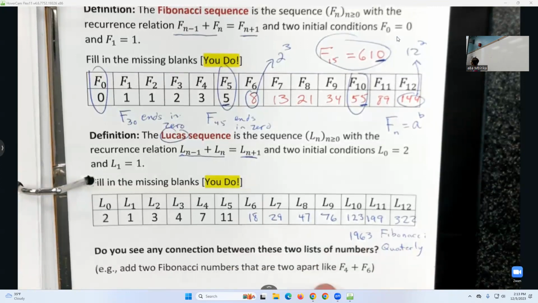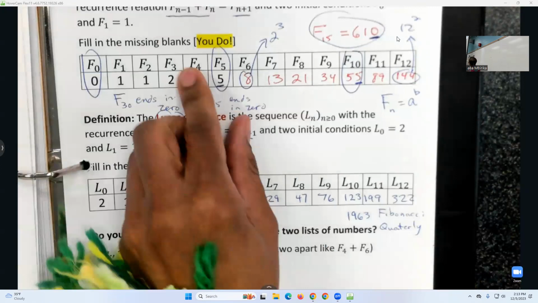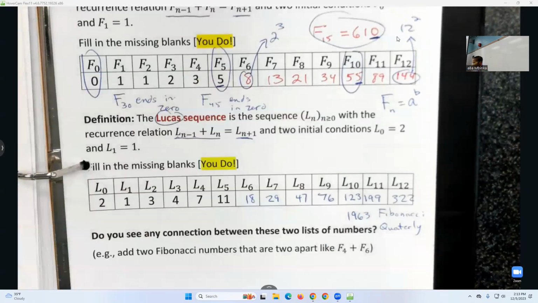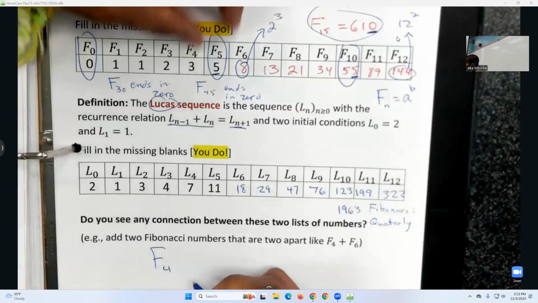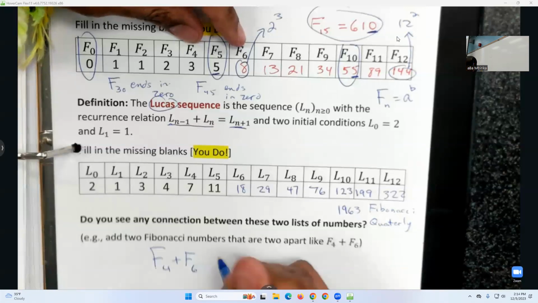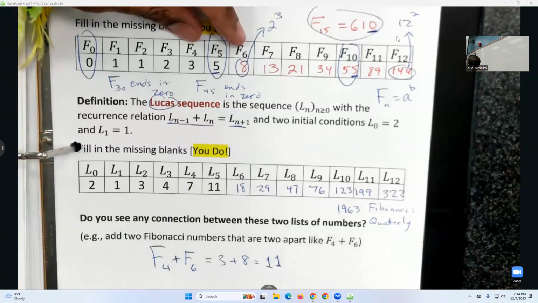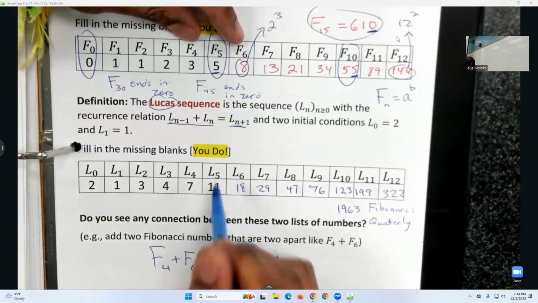But yes. So let's add two numbers that are 2 apart, like F4 and F6. That's 3 plus 8. We get 11. Is 11 a Lucas number? Yes, it's right there.